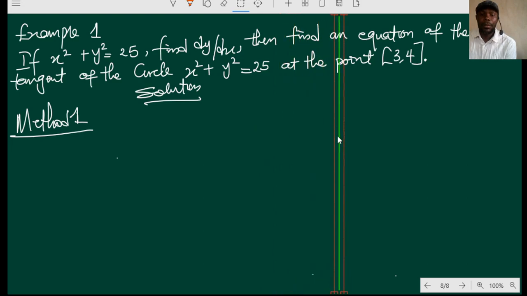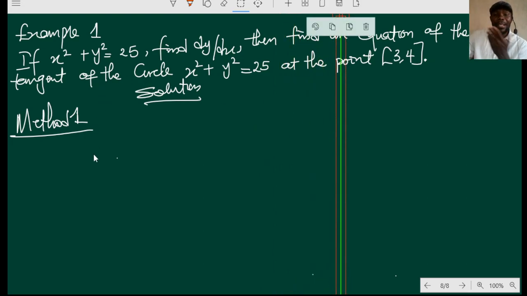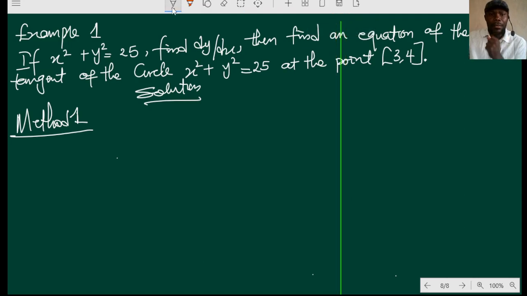Now in method 1, in solving this question, there is something common here. We have x squared plus y squared is equal to 25.